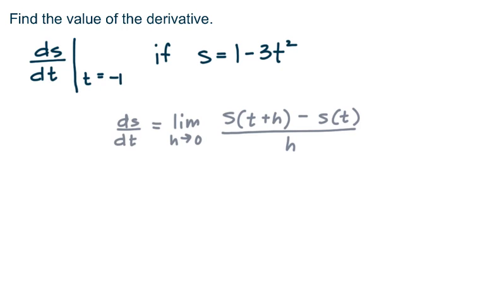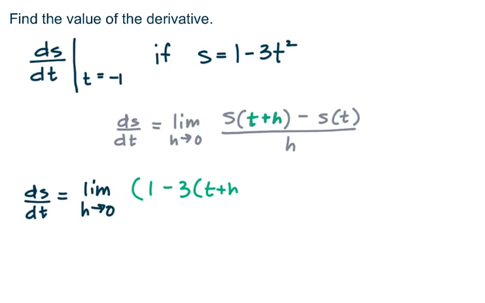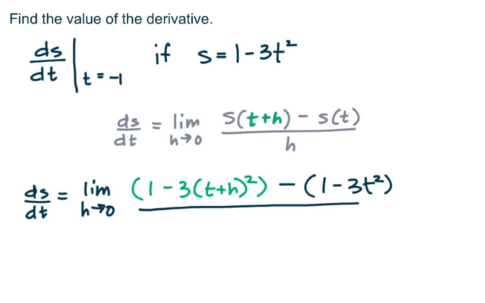All right, so ds/dt equals the limit as h approaches 0 of s of t plus h. So that means I have 1 minus 3 quantity t plus h squared, minus my original function, 1 minus 3t squared. Notice how I'm using parentheses, all over h.